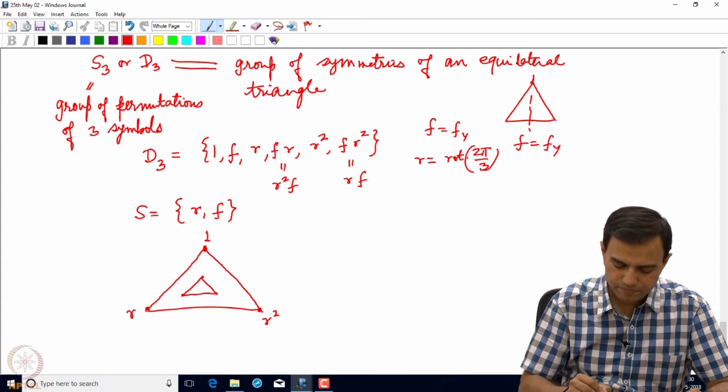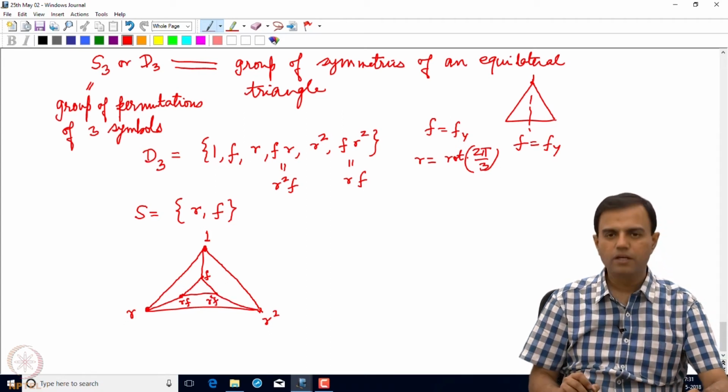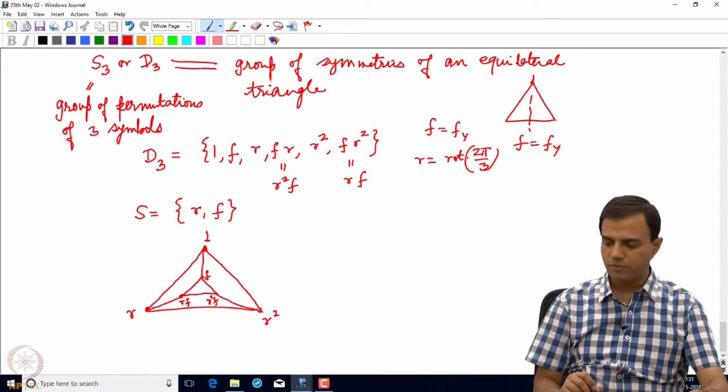So I have R, and this is F. So this is RF, and this is F. So this is F here, and here I have R square F. So the graph turns out to be like this.